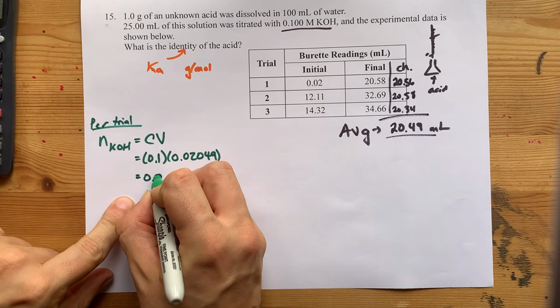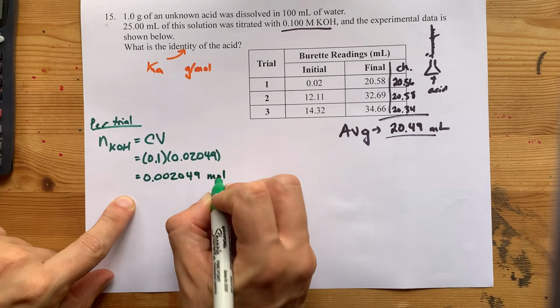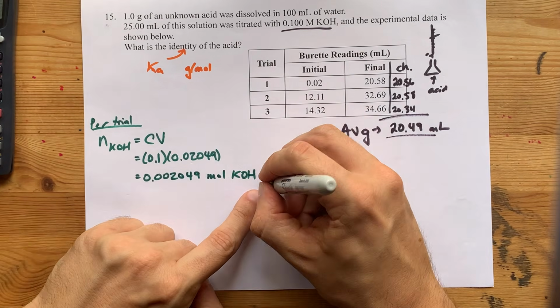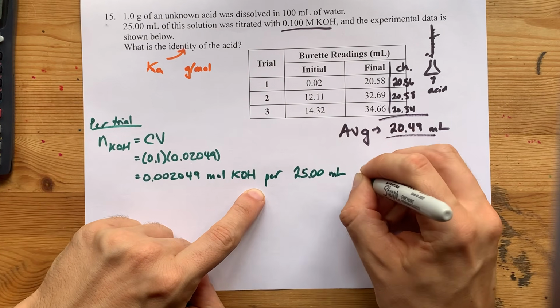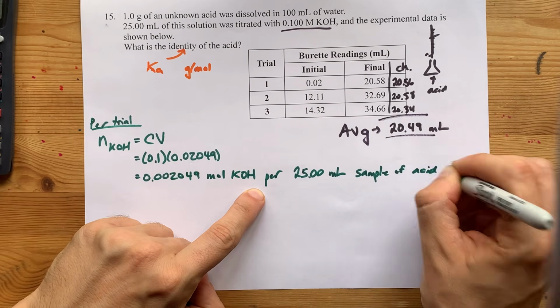That gives me 0.00249 moles. That's the number of moles of KOH per 25 milliliter sample of the acid solution.